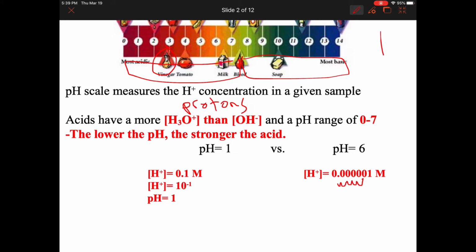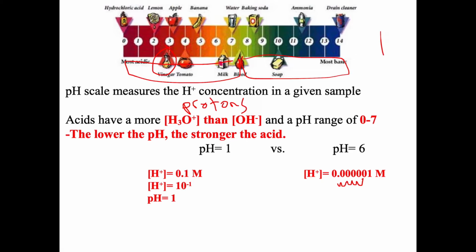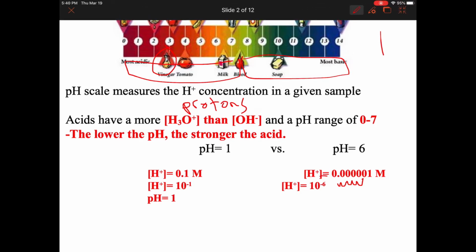So when we went from a pH of 1 to a pH of 6, it was really like moving that decimal point 5 times. So in this case, we can write our H plus concentration as 10 to the negative 6, which, ding, ding, ding, should be setting off a little thing in your head, because that is directly how we get the pH of 6, when you rewrite your concentration with a base 10. I'll explain what that means later.